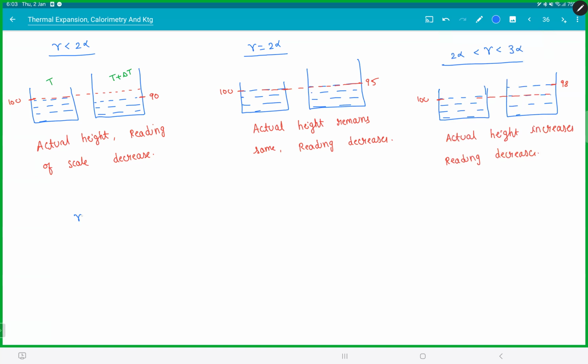If gamma is exactly 3 alpha, now this is the meaning of apparent expansion. The container will think there is no expansion. This was 100. The actual height increased, but the container will say the reading is the same.